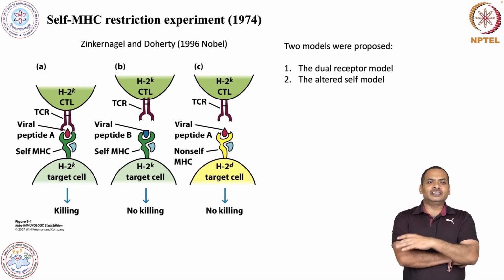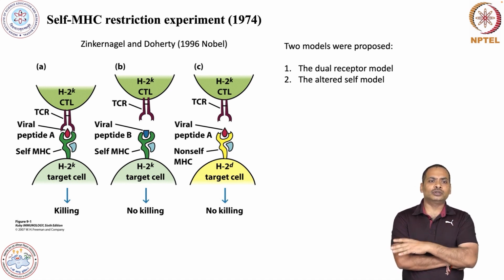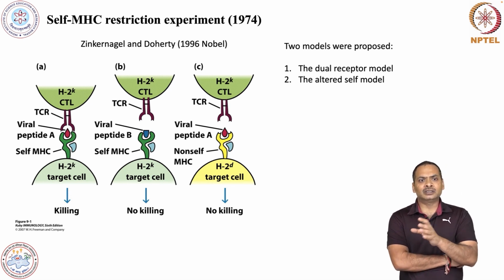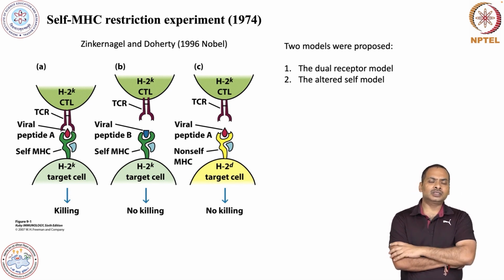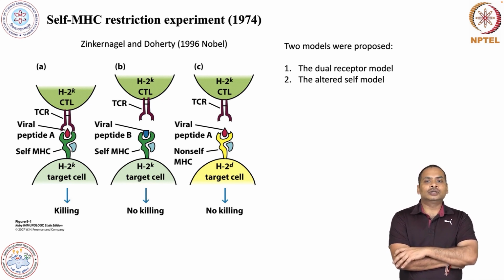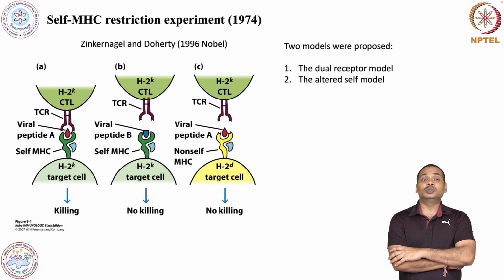Here I am quickly giving an overview of the work of Zinkernagel and Doherty, who received the Nobel Prize in 1996. Before that there was a dual receptor model.